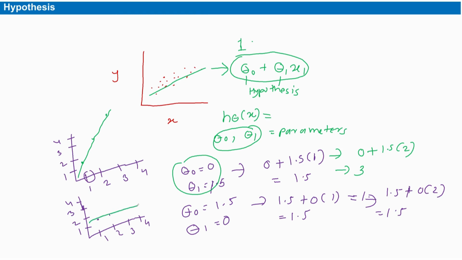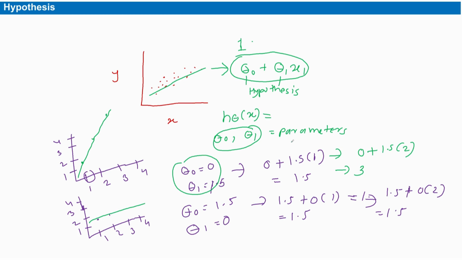Here you can see that when I change these parameters, the resultant hypothesis I get is different. Because of that, the hypothesis depends on the parameters.